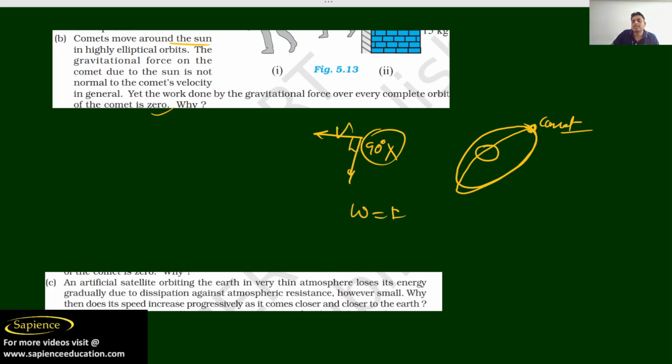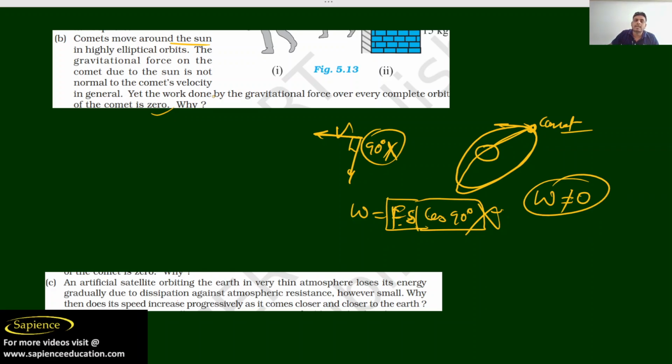We know that work done is equal to the force due to gravity, the pull by the sun, times the comet's displacement, times cos 90 degrees. Since the comet's displacement and the force due to gravity are not at 90 degrees, the work done would not seem to be zero. But the work done by the gravitational force for one complete orbit of a comet is zero.